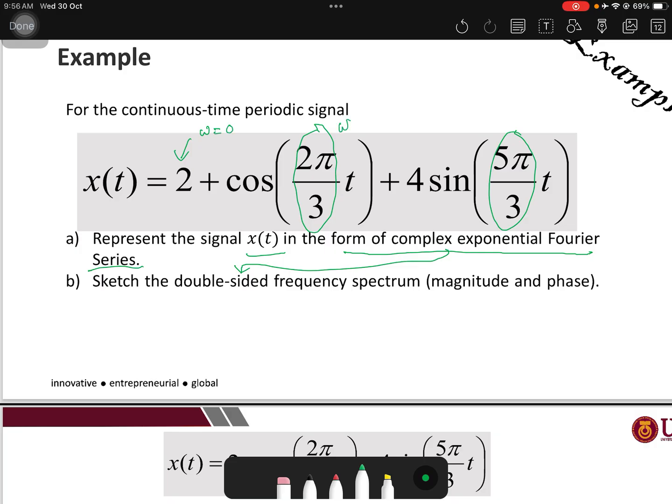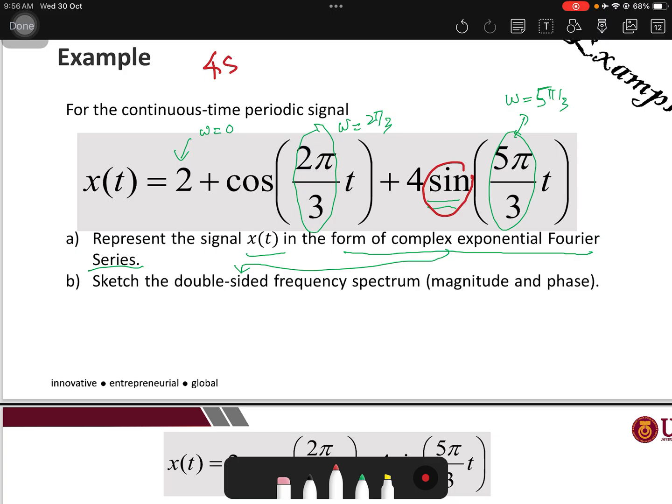For this one, your angular frequency is 2 pi over 3. And for the third angular frequency, this one is 5 pi over 3. But remember, again, you need to go back to the basics, where you need to represent your signal in terms of cos.